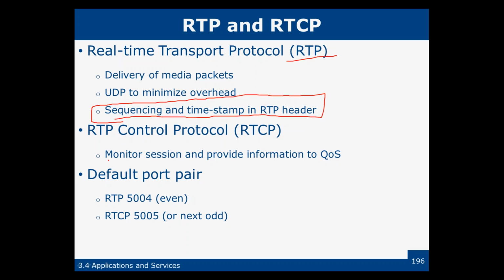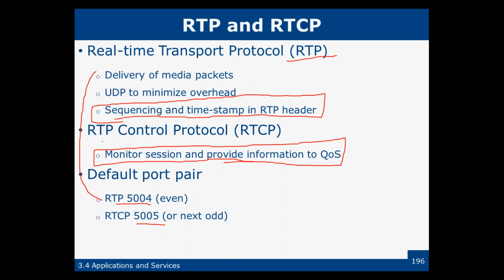The control protocol monitors the session and provides quality information, and it checks to be sure that everything is still on track and can modify what goes on to be sure that we get from one end to the other. It uses the default port pair RTP 5004, RTCP 5005. The pair is going to use the even port for the RTP, and the odd for the control protocol, or the next odd, whichever is available.